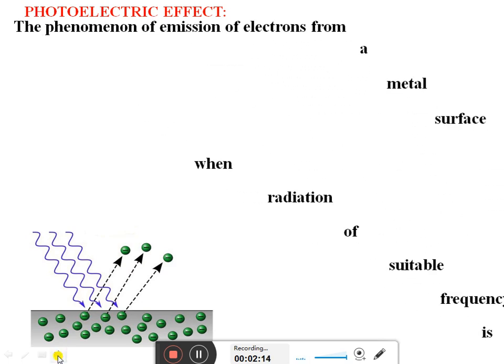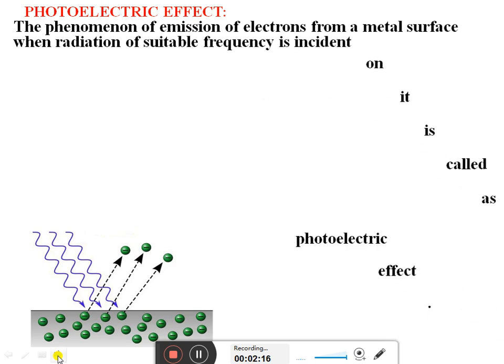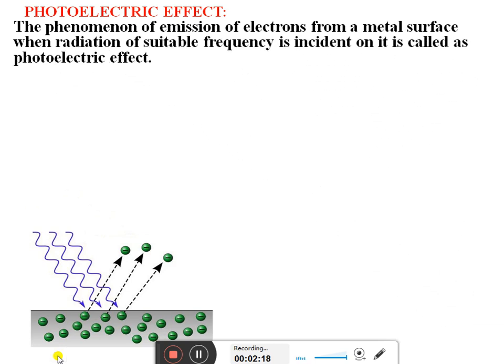So, definition of photoelectric effect: the phenomenon of emission of electrons from a metal surface when radiation of suitable frequency is incident on it is called the photoelectric effect. So, this is the concept of photoelectric effect.